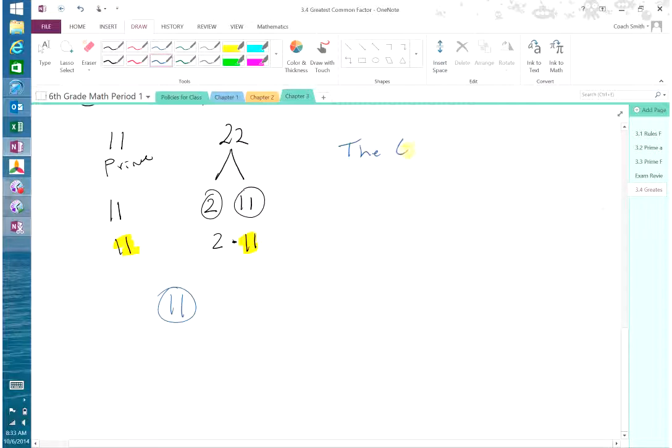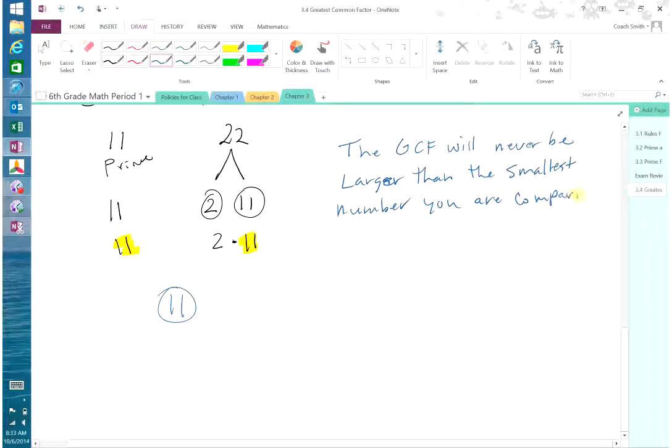The GCF will never be larger than the smallest number you are comparing. Okay, the GCF will never be larger than the smallest number you are comparing.